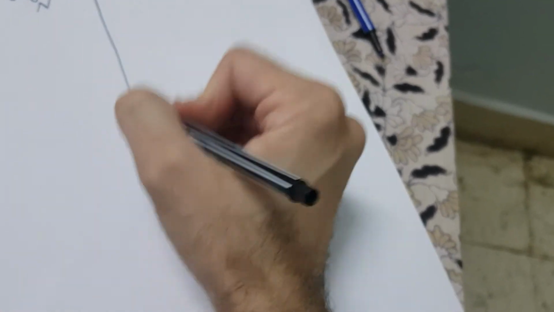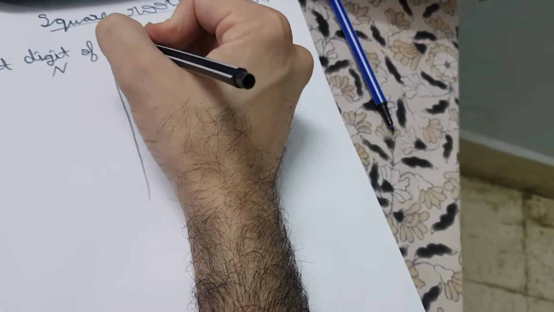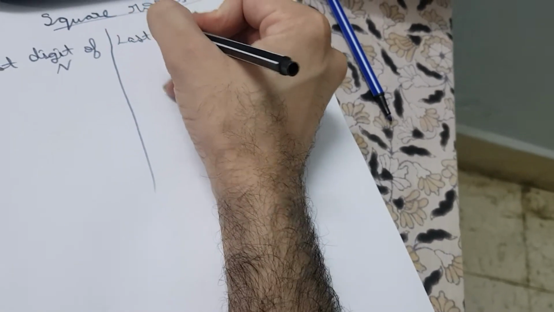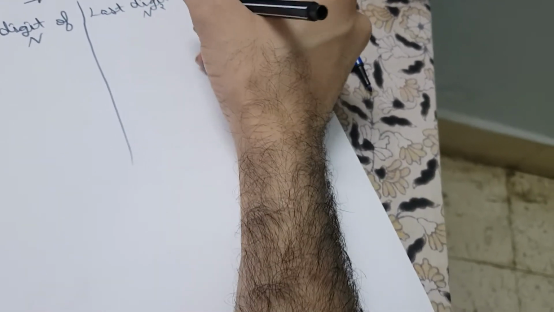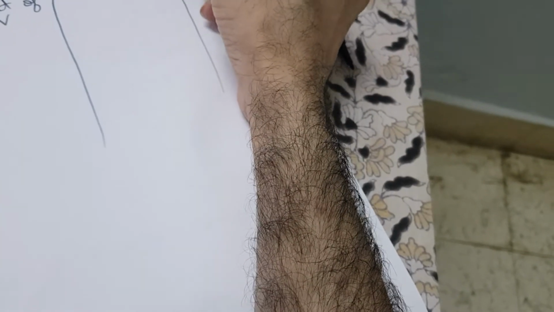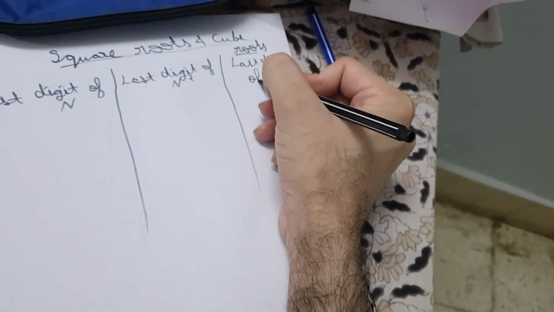Here we write the last digit of n square. Here we write the last digit of n cube for cube root, okay?